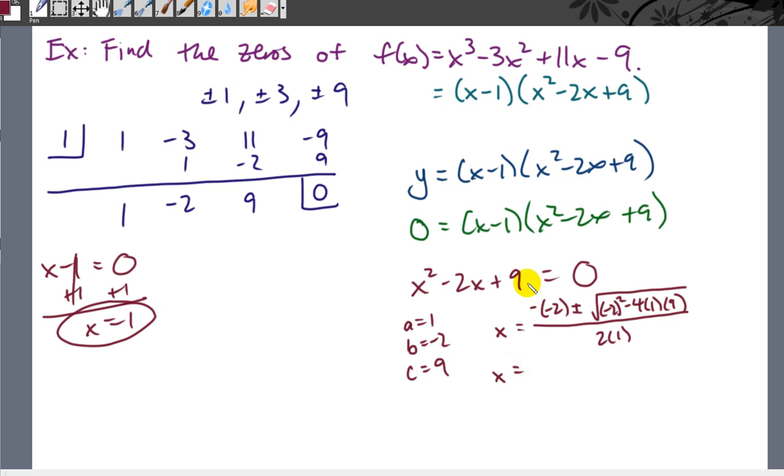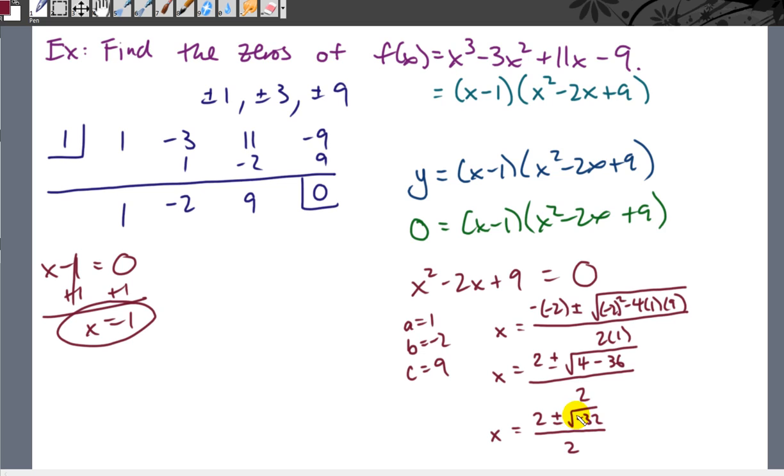Simplifying, this is a positive 2 plus or minus the square root of 4 minus 36, divided by 2. So x equals 2 plus or minus the square root of negative 32, divided by 2.